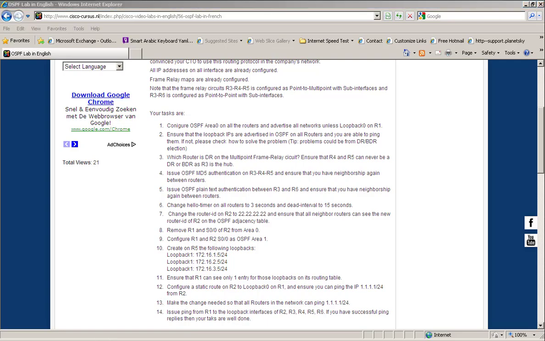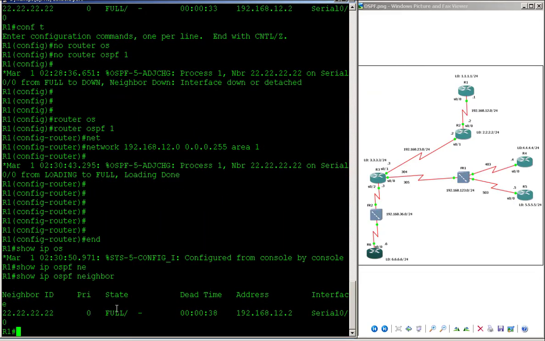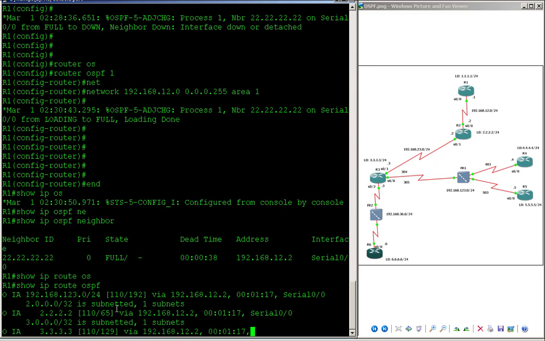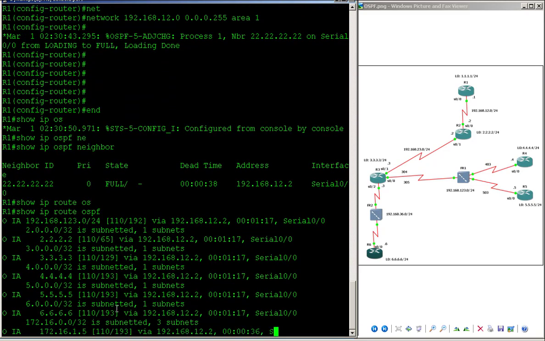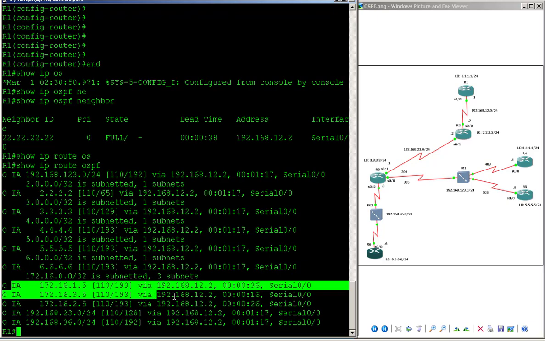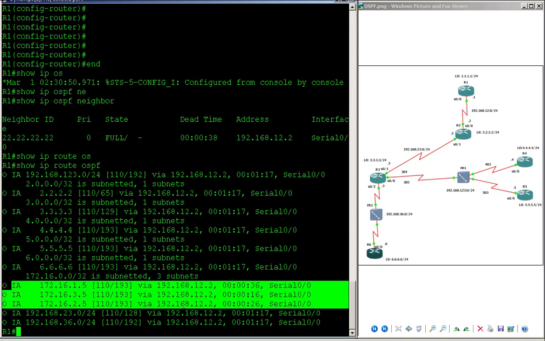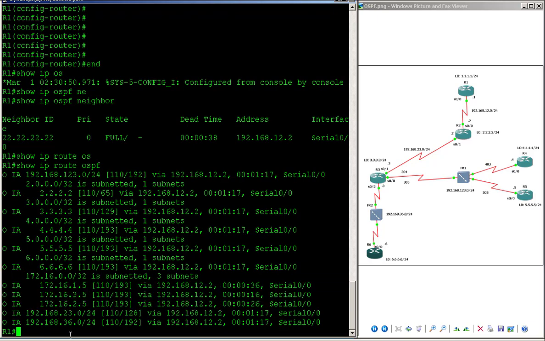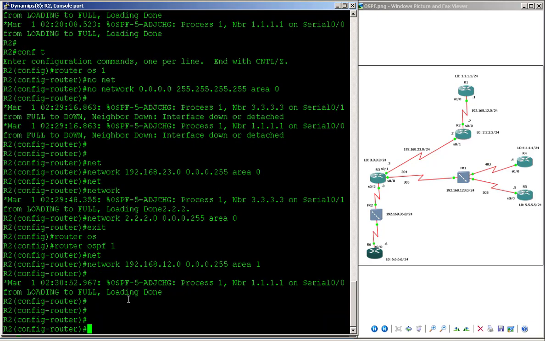So if I go to R1, I do show IP route OSPF. We can see that it's inter area, and I can see these 3 loopbacks here. They want us to have these 3 loopbacks as one entry on the routing table of R1. To do that, I have to go to the area border router, which is R2.